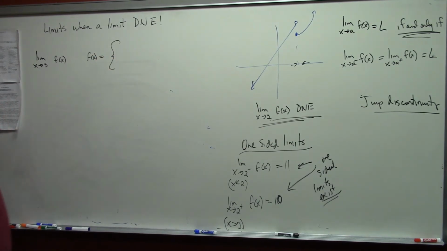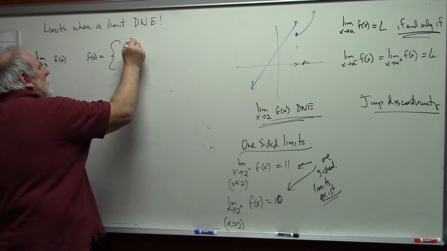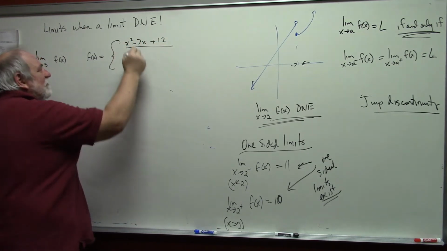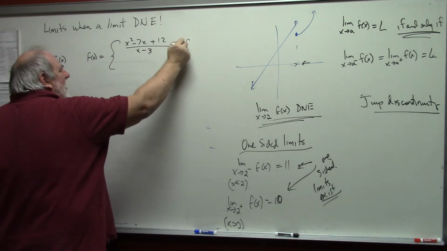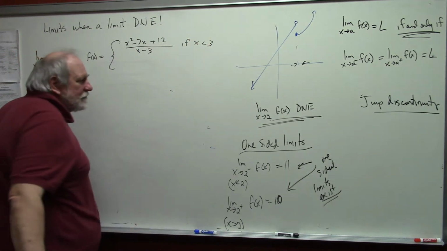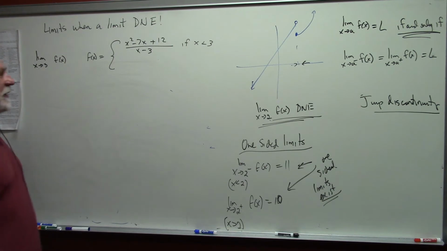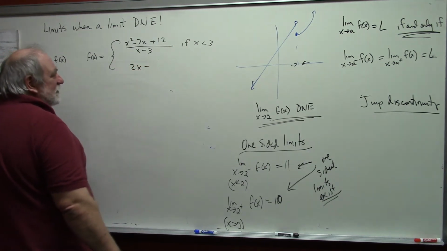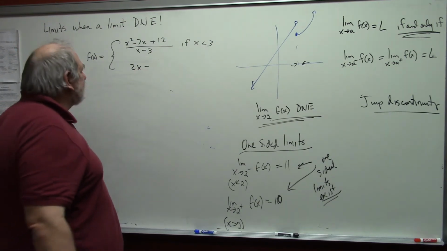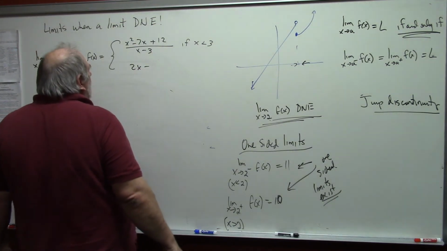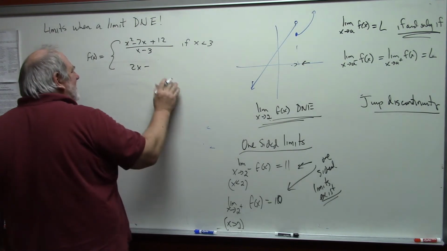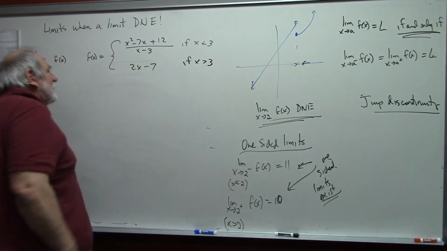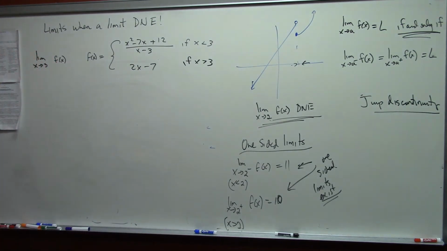This time, x squared minus 7x plus 12 over x minus 3 if x is less than 3, and 2x minus 7 if x is greater than 3. There we go. I think that's better.